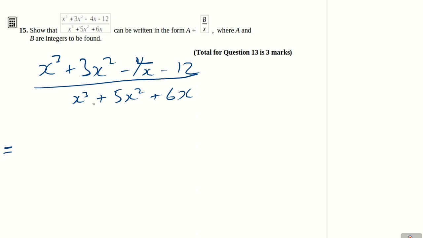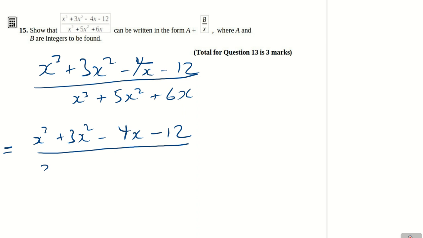The first thing you might notice is that we can take x out on the bottom. I'm not going to do anything with the top yet, but I am going to bring an x out there. So that's x into x squared plus 5x plus 6.